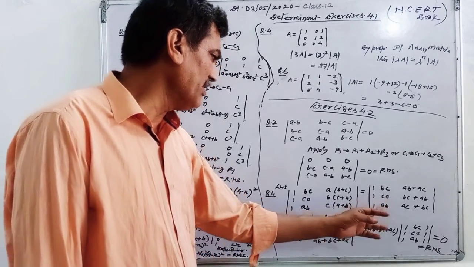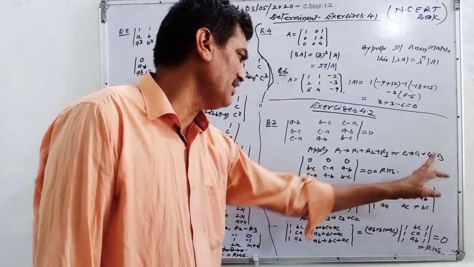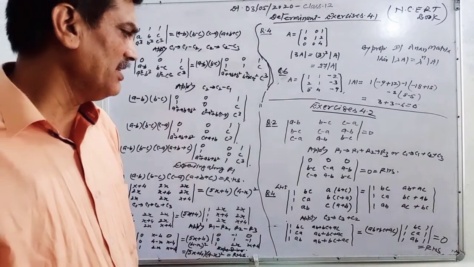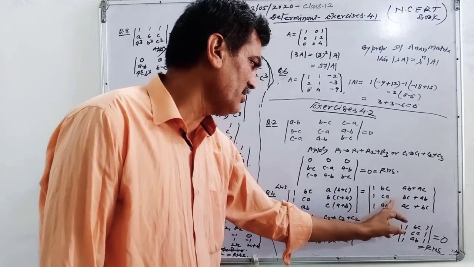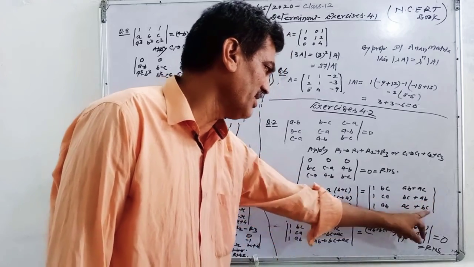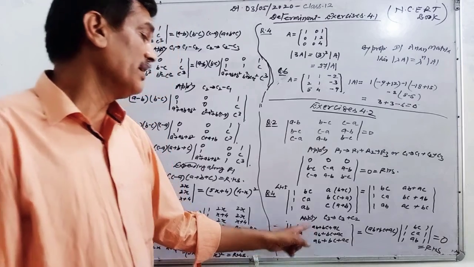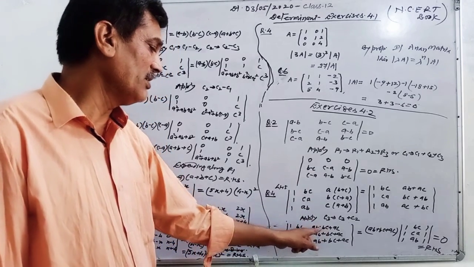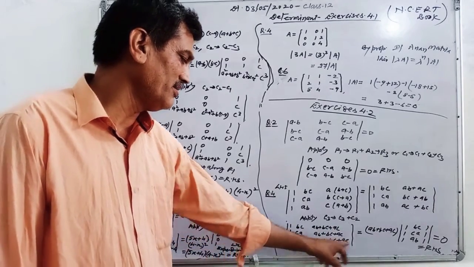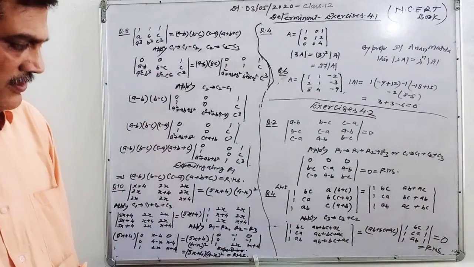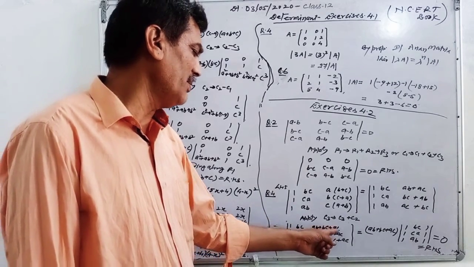So look here, when you apply C3 tends to C3 plus C2, C2 is added to C3, corresponding elements, this will be added to this, this will be added to this. So you will get in C3 AB plus BC plus AC, AB plus BC plus AC, AB plus BC plus AC, the same quantity. So you can take AB plus BC plus AC common.